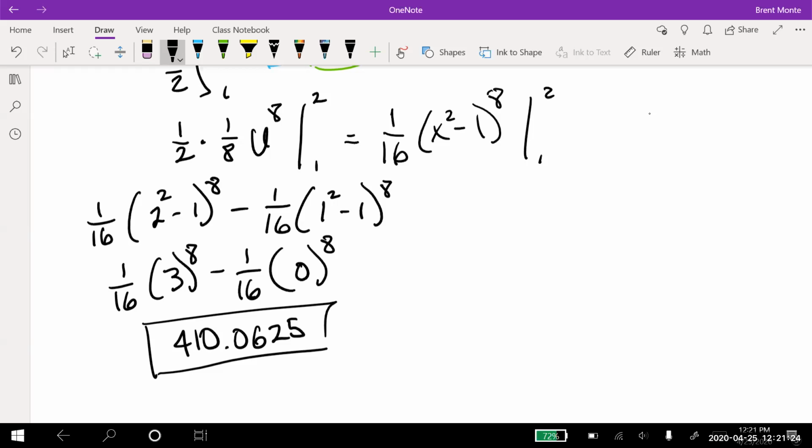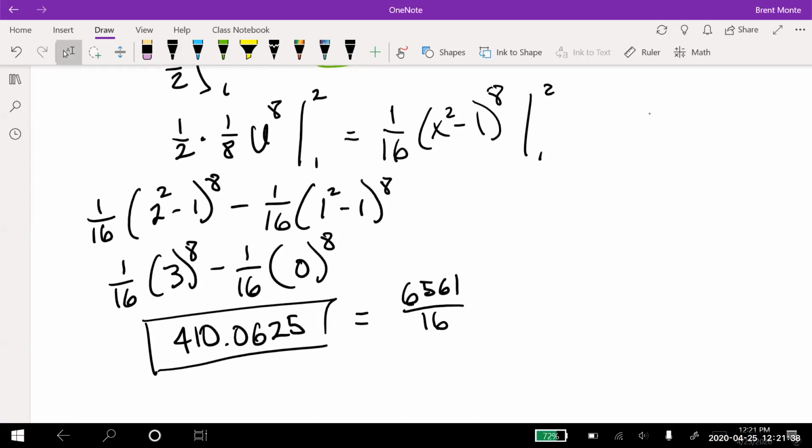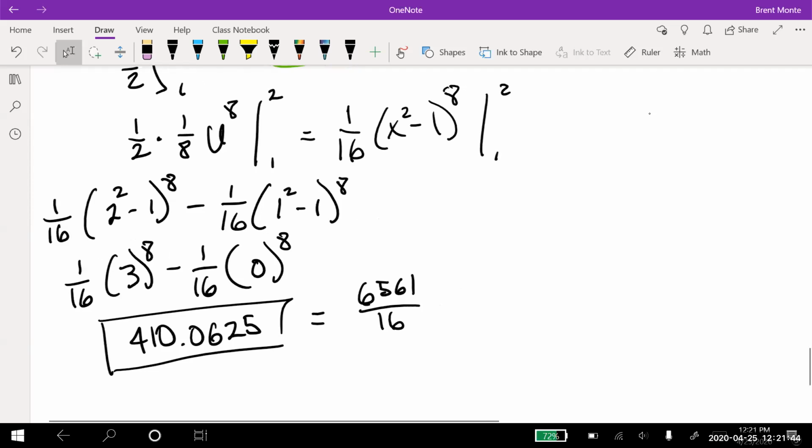In the book, they're going to write that answer as a fraction. And as a fraction on my calculator, if I just go math, turn it into a fraction, it is not a very nice fraction, 6,561 sixteenths. So the 3 to the 8th was the 6561, and then the 1/16 on the outside just gives us that 16 on the bottom.